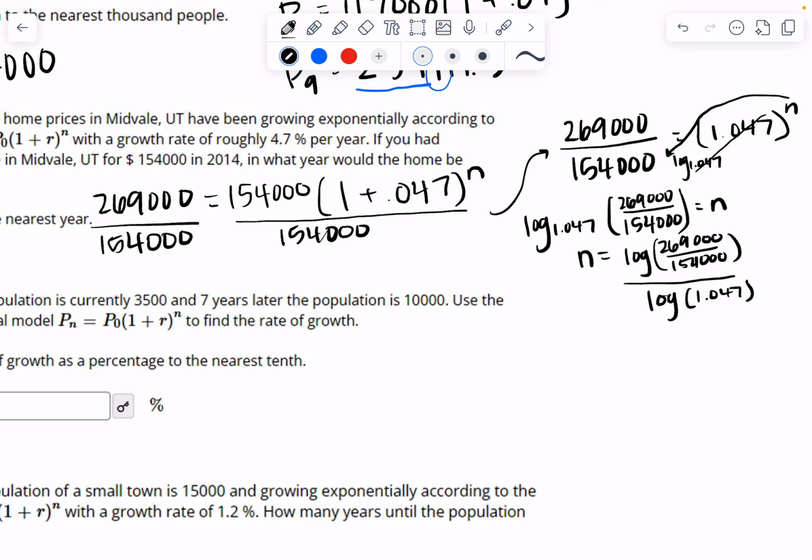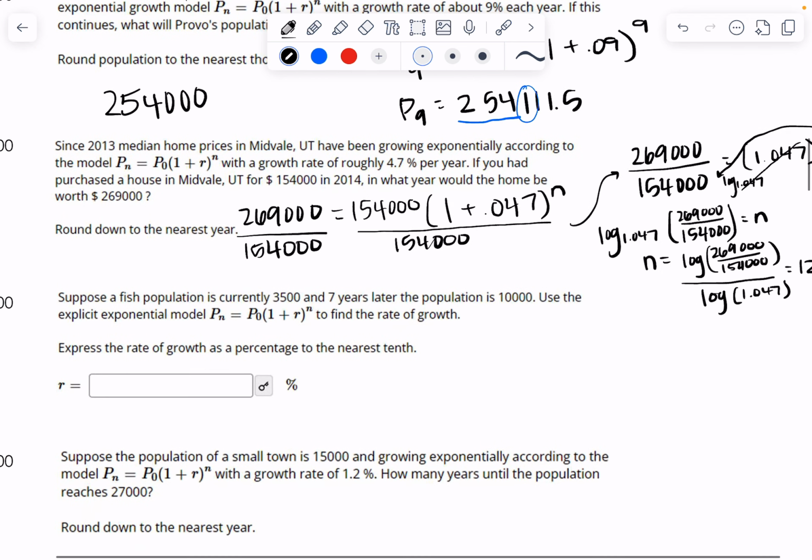So we have to use the change of base formula so that you can get the answer. Okay, and I got 12.1. That's how many years.